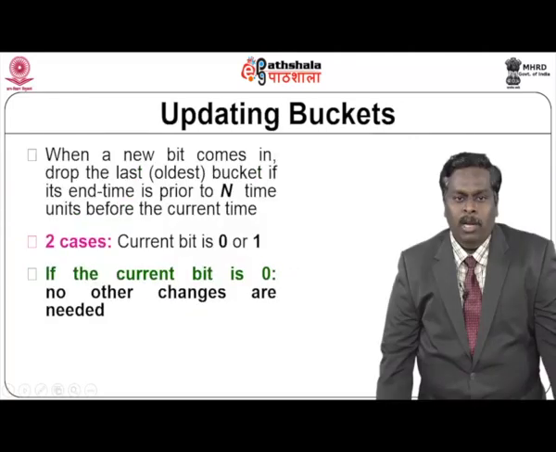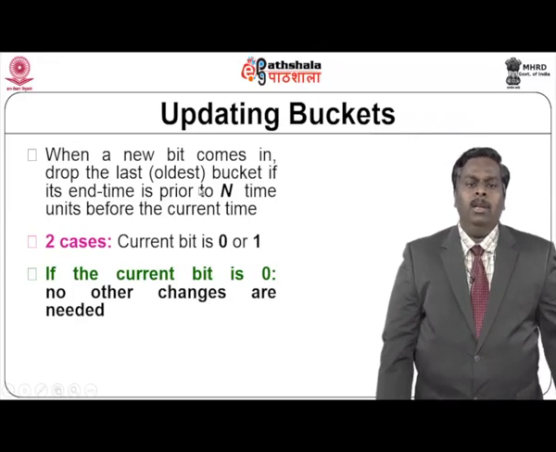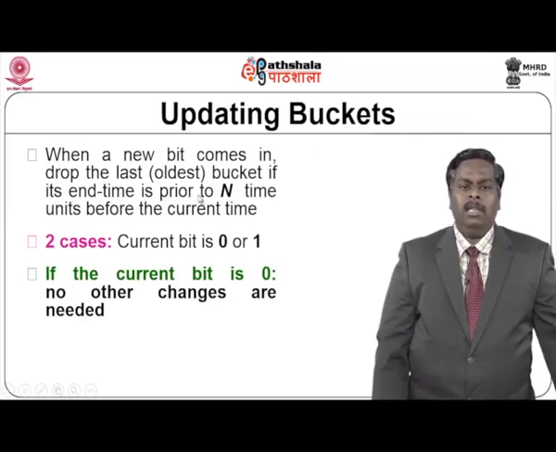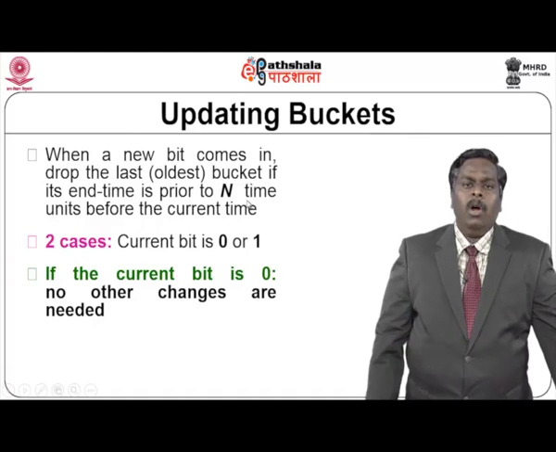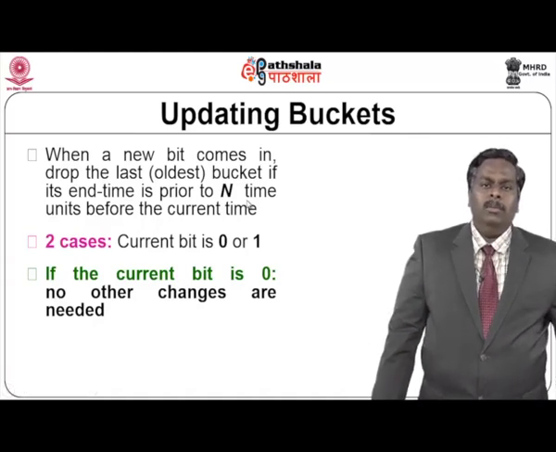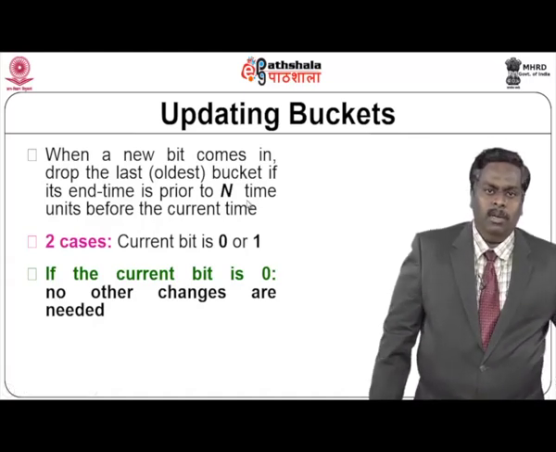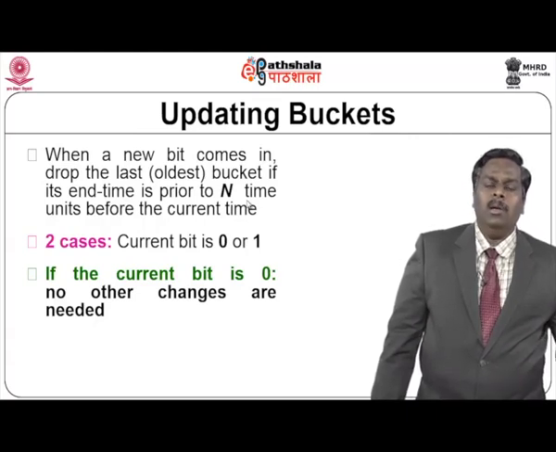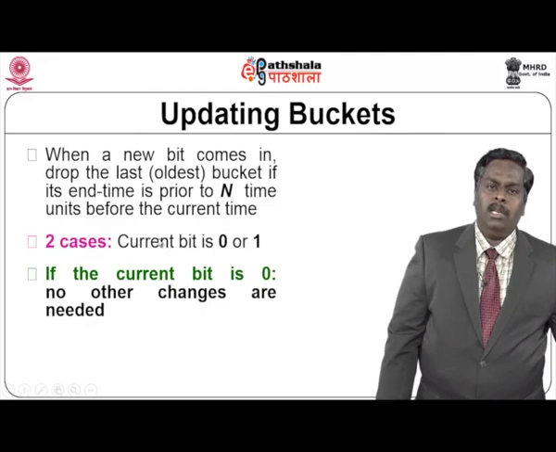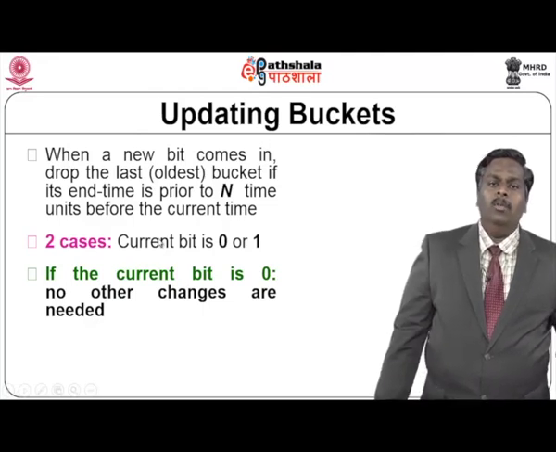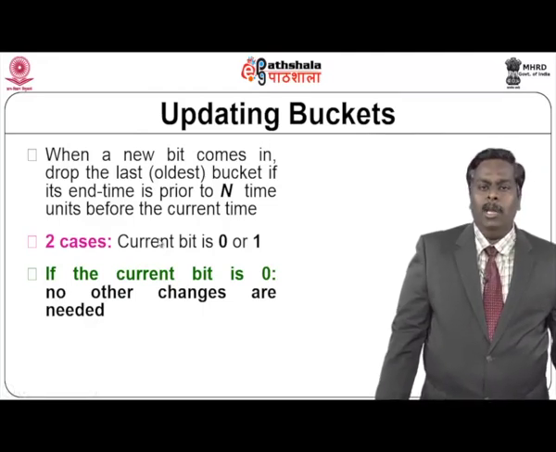So, while you are updating a bucket, when the n plus 1th element comes into picture, how are you going to consider the new element? What will happen to the older element? As per the DGIM method, the older elements will be dropped. In other words, the elements on the left hand side will be dropped for the purpose of accommodating the most recent element. There are actually two cases, that is, either you may have a 0 or a 1 element coming into picture.